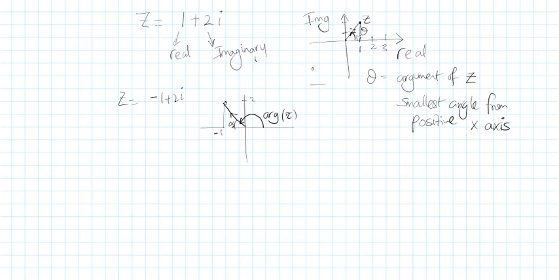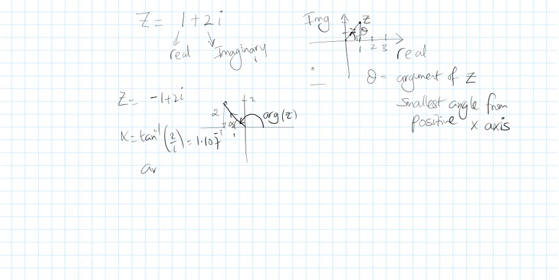And the triangle here is still the same triangle with the opposite being 2 units and the adjacent being 1 unit here. So to get alpha, you still do tan inverse of 2/1 and you'll get the same answer as in the first part, which is 1.107.